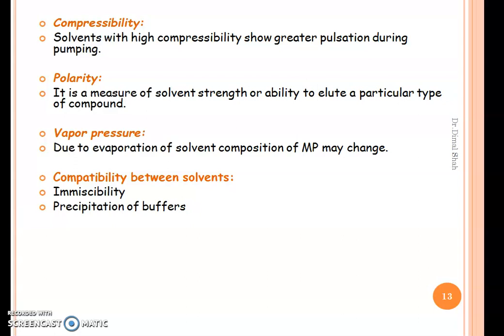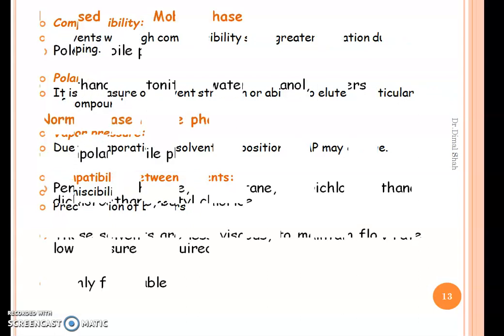That is why, when we are working with a gradient system where the mobile phases have been filled in different bottles, we need to physically verify that when they are mixed together there is no precipitation or incompatibility between the different solvents.